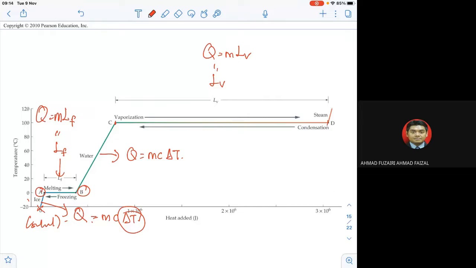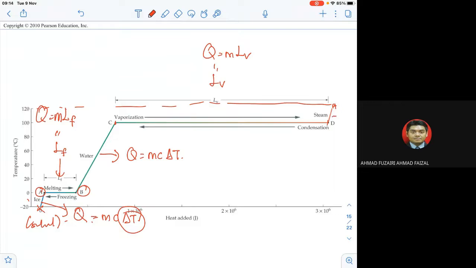Okay, so that's how you can calculate all the energy needed from negative 20 degrees Celsius to 120 degrees. I would like to highlight this. Let's say the final temperature of the steam is 120.